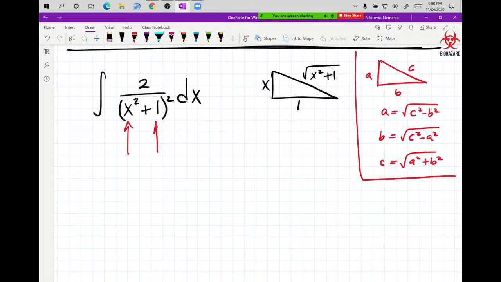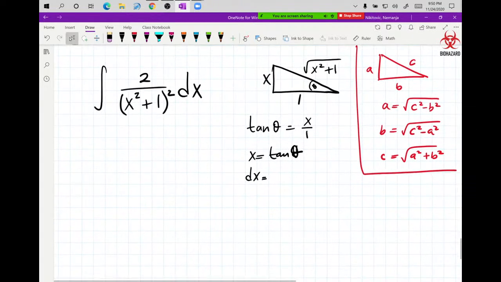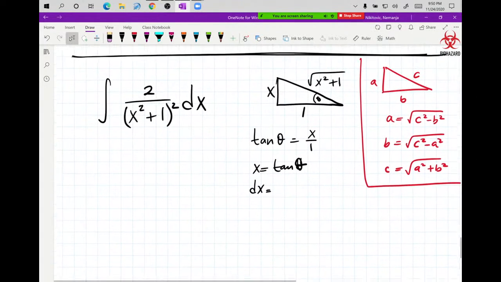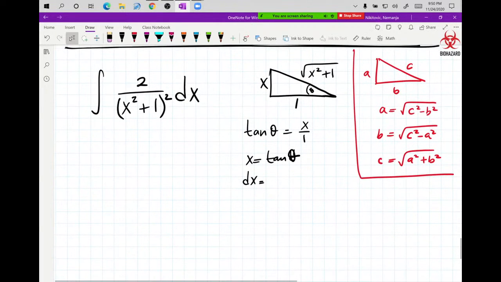Because now, what I have here is tangent theta, if this is theta, is equal to x over 1, from where x is tangent theta, and dx is the derivative of tangent, which is secant squared theta d theta.